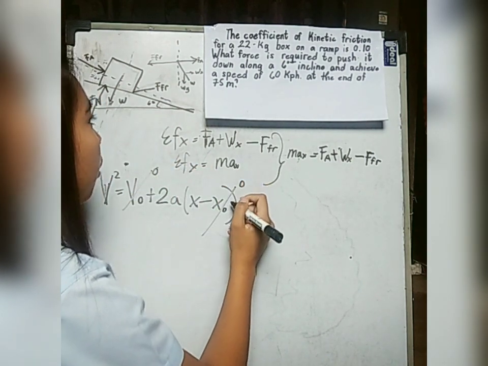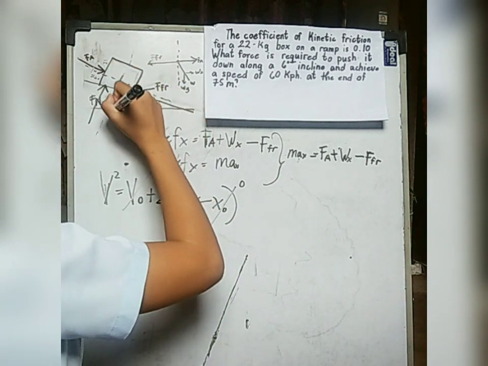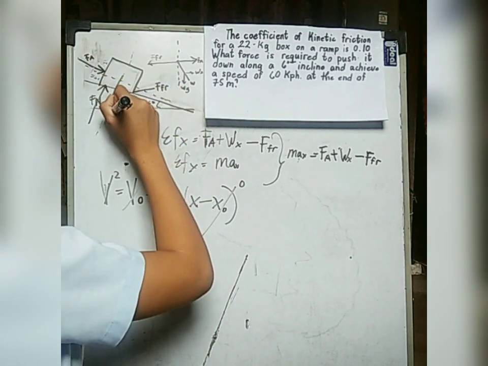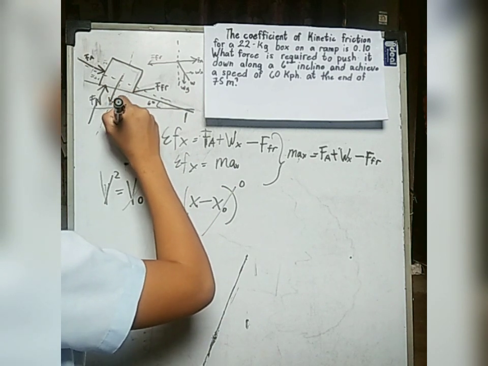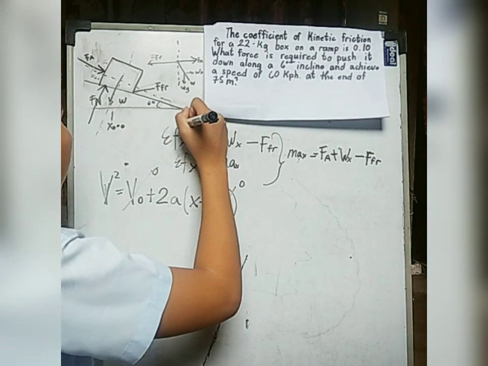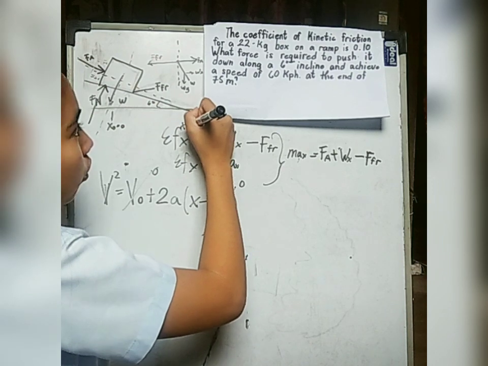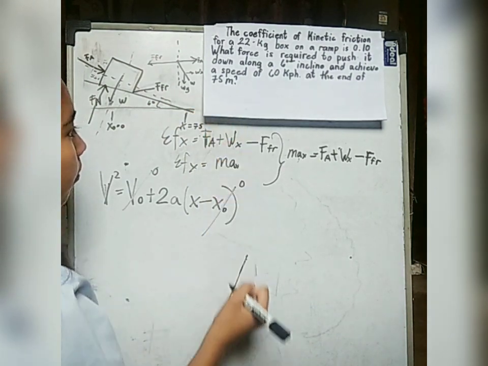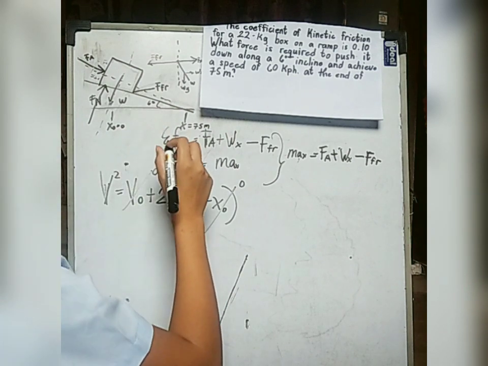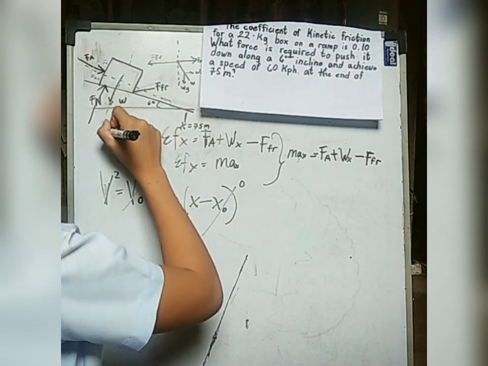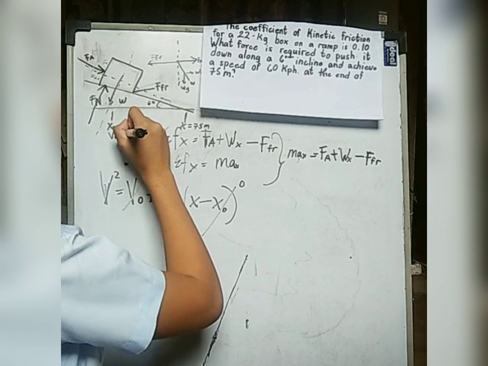So, V is 0 at rest. Kasi, imagine, andito yung box. Ito yung X, X initial is equals to 0. And X is equals to 75 meter. Initial velocity, 0 rin.